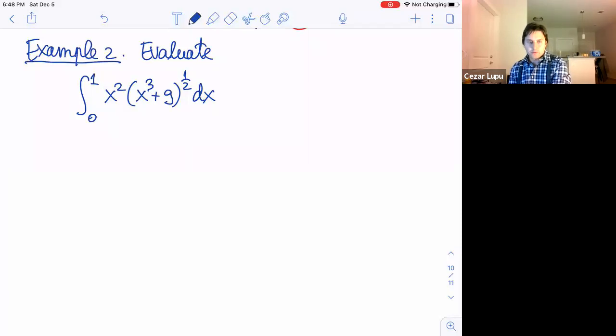What kind of approach should we use here? You see, you have complicated functions inside the square root, not so complicated outside the square root. So you have x squared, which is nice, but also x cubed plus 9 is also a nice function.